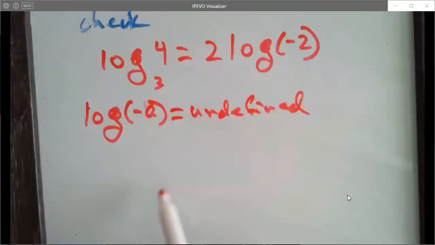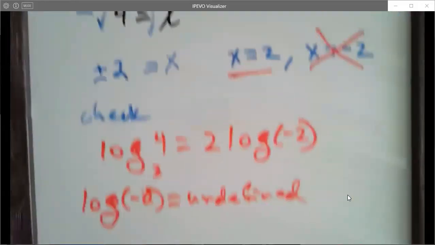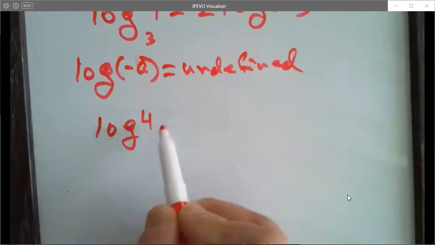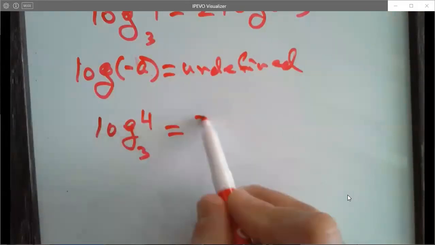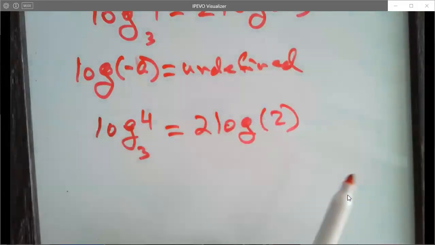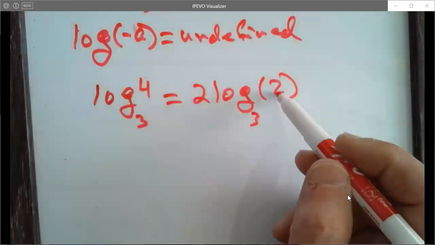So let's try positive 2. We've got log 4 base 3 equals 2 log 2 base 3. We're okay so far because it's not negative.